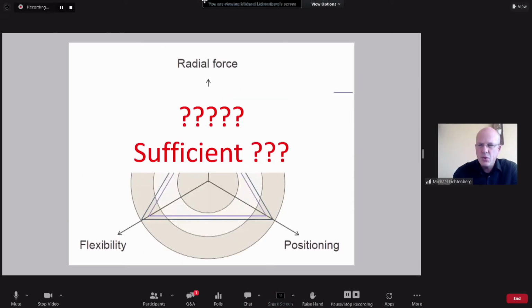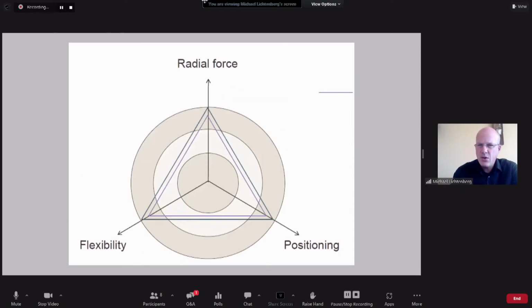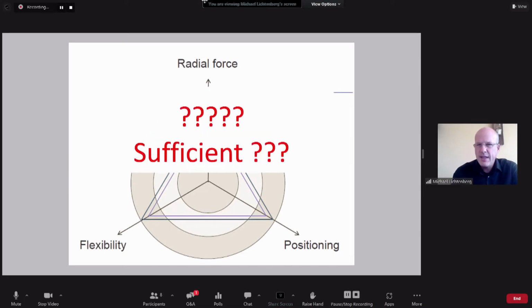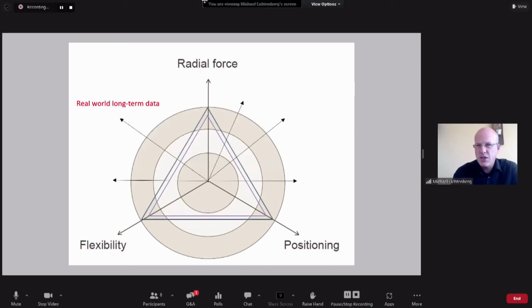Therefore, we have to raise the question: is it only radial force, positioning, and flexibility, which is always analyzed in studies, to judge the stent? I personally believe not. There are a lot more factors which need to be considered in trials and registries to answer if the stent is sufficient for that indication. So we need real-world long-term data.